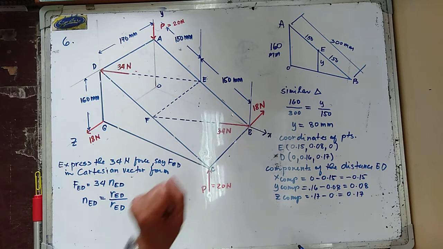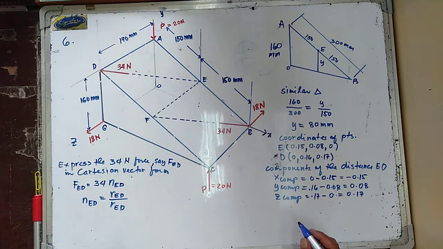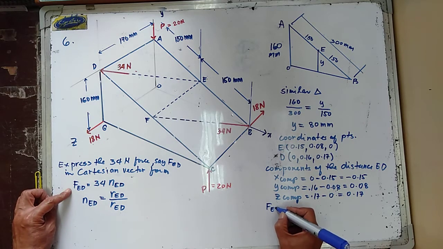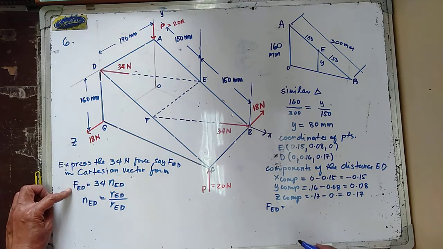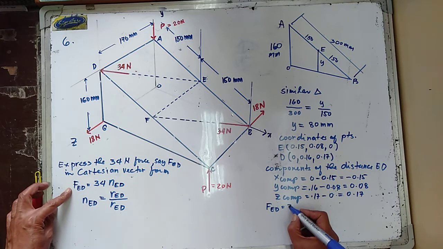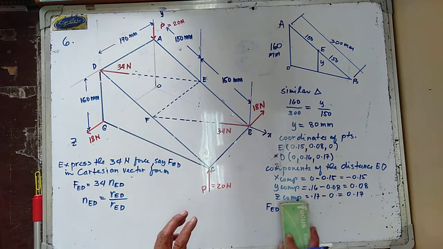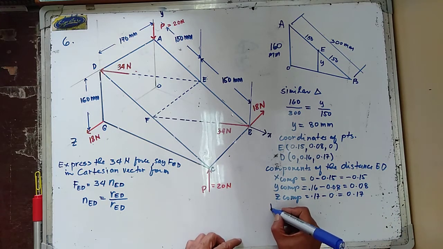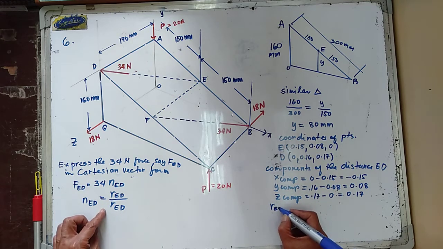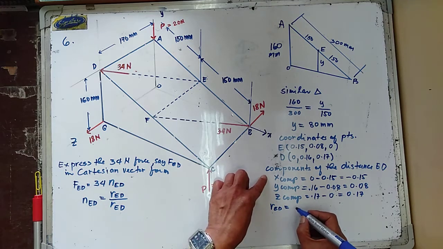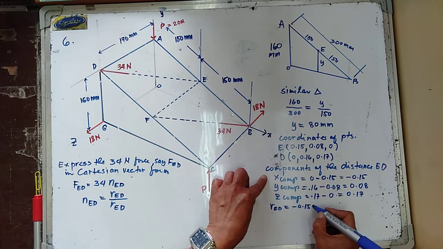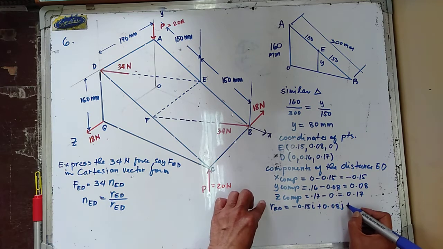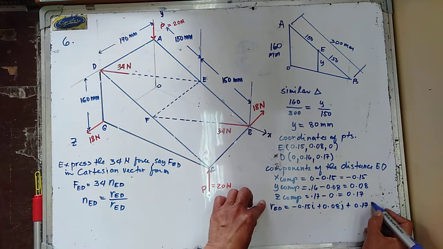So, to determine your FED in Cartesian vector form, first let us determine the vector distance ED, which is equal to negative 0.15i plus 0.08j plus 0.17k.